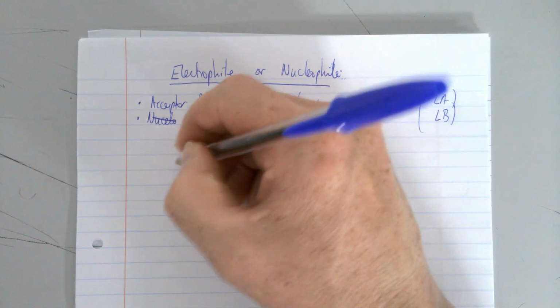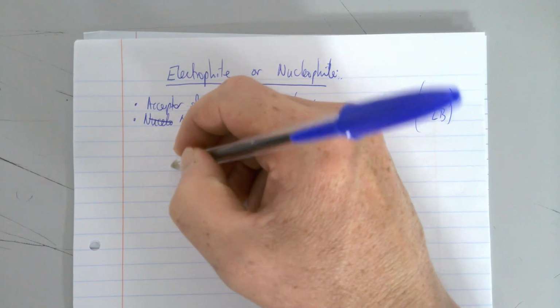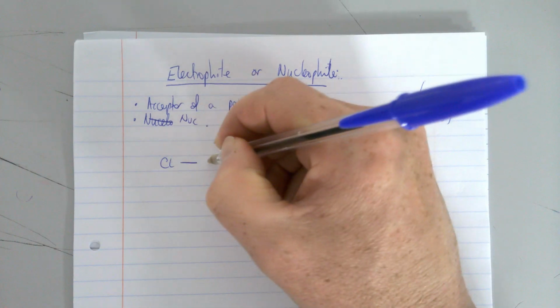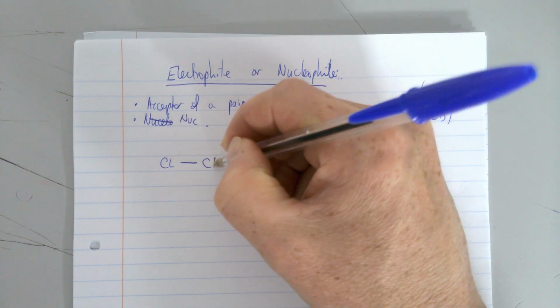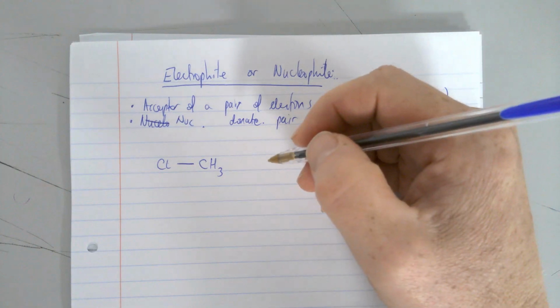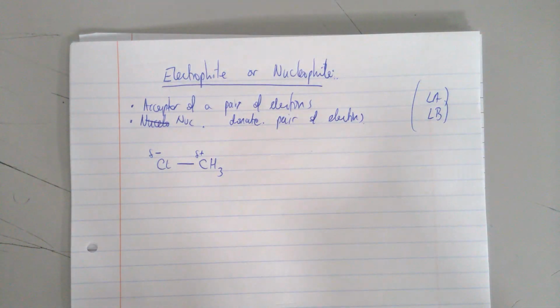So I've done whole videos on SN1 and SN2. I'm not going to do the whole thing again now, but in a general reaction for a nucleophilic substitution, SN1 or SN2, you will have a halogenoalkane, say, and that bond will be polar.